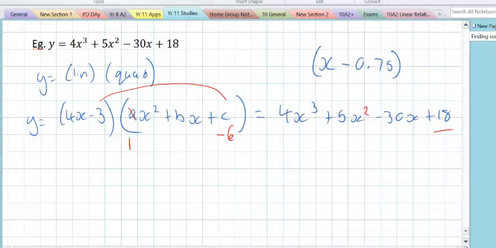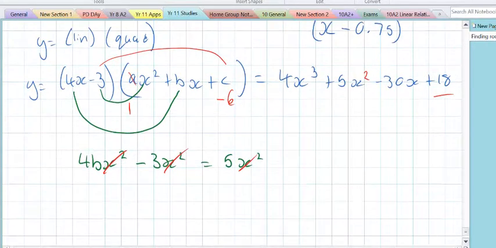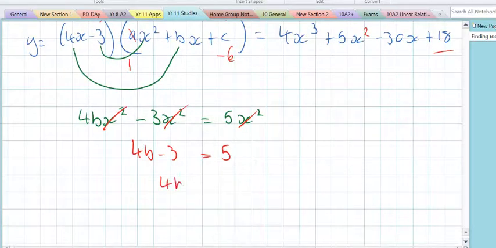Alright, so we get squares by doing that times that, and that times that. So 4bx squared minus 3x squared is going to be equal to 5x squared. The x squareds go, leaving us with 4b minus 3 equals 5. 4b equals 8, b equals 2.